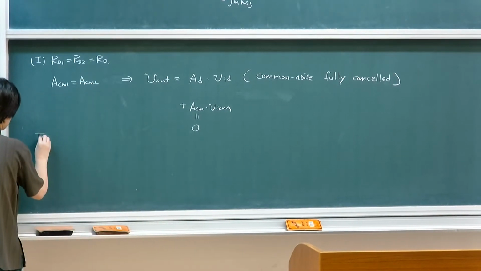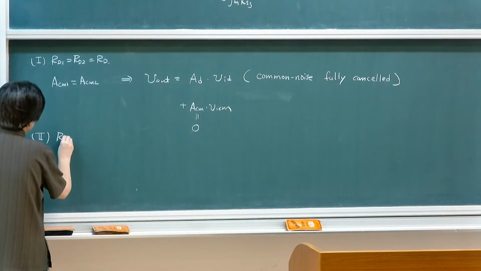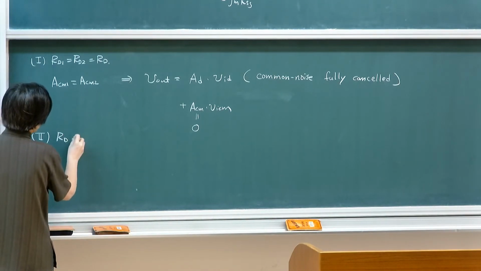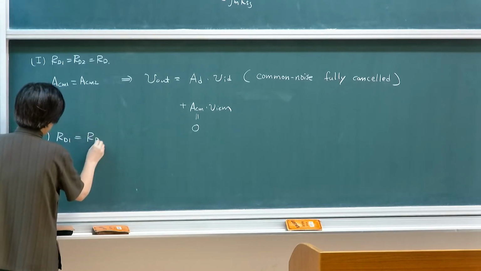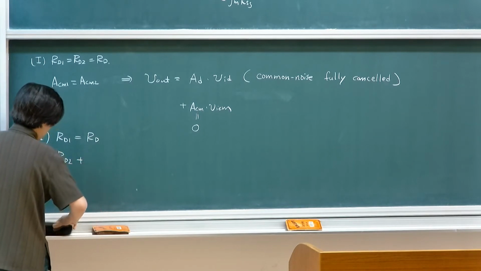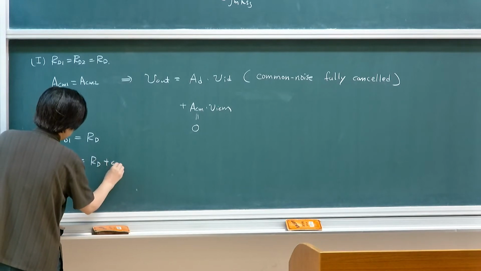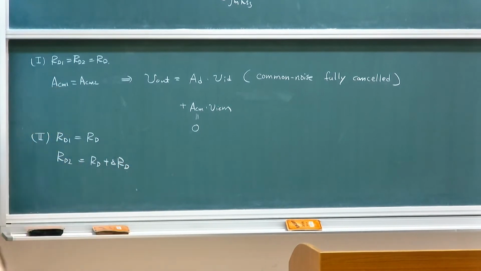But what if it is not exactly the same, even though you get identical twins? There might be some difference in height or weight, or slight little differences, even though you try to make them the same. So let's say RD1 equals RD, and RD2 equals RD plus a small difference. So you're assuming that the two resistors are not identical. That's very commonly seen.